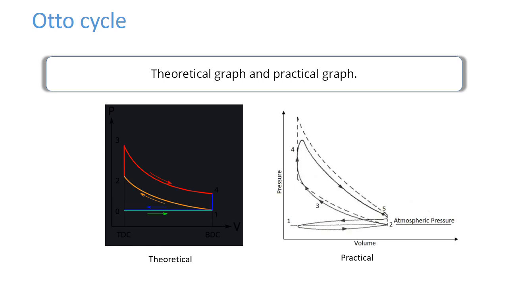A very similar thing is happening in the real life graph also, but the volume is not exactly constant. There will be some deflection in the value of volume also. After that expansion occurs and then heat rejection will occur at constant volume.